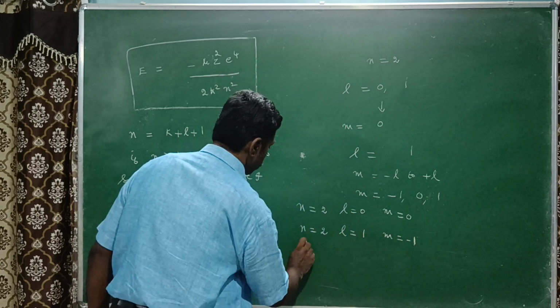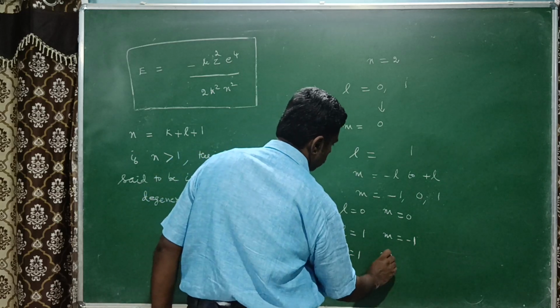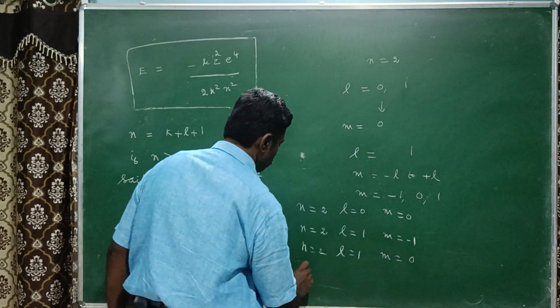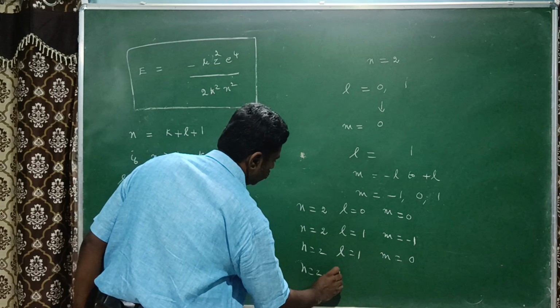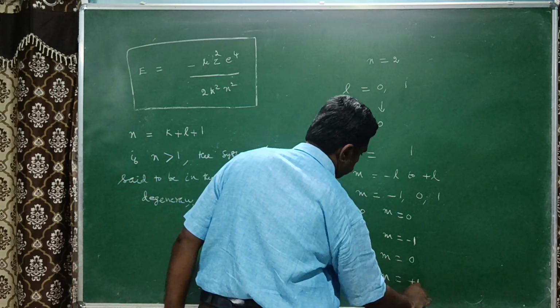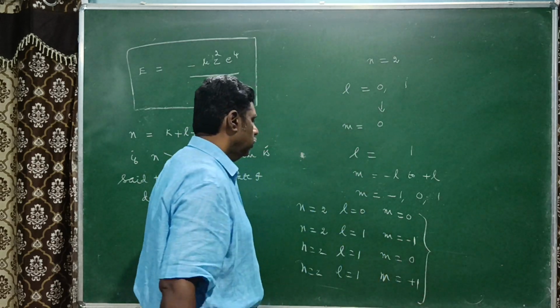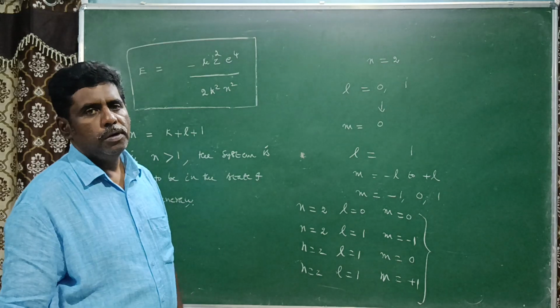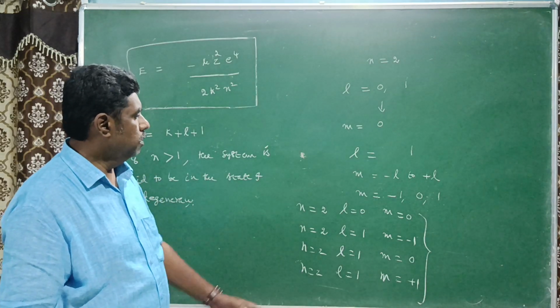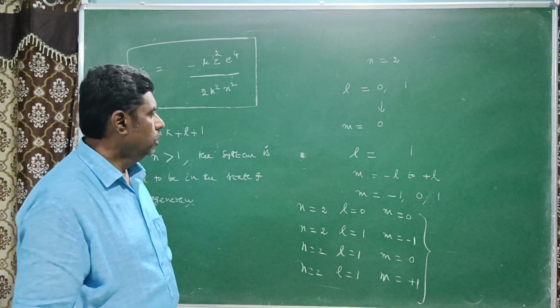This is the second combination. n equal to 2, L equal to 1, m equal to 0. Third combination. n equal to 2, L equal to 1, m is equal to plus 1. This is the fourth combination. These are all four possible states, but all the states are corresponding to only one energy level.